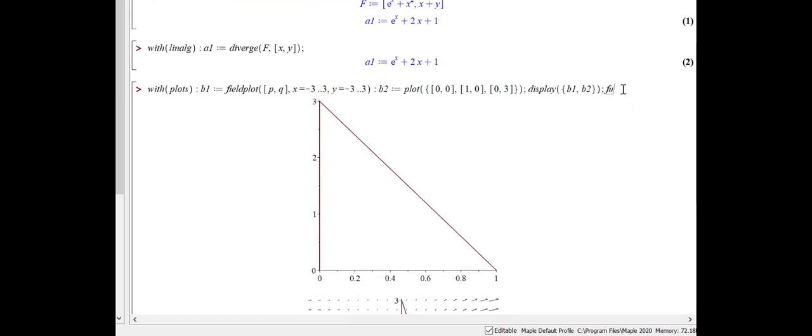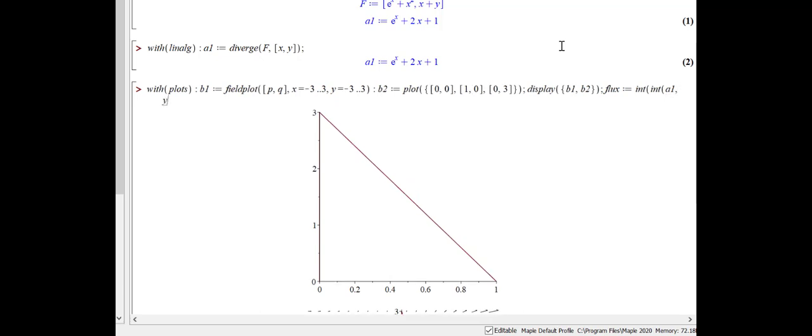So now we can even find the integral. So the flux is equal to the double integral of the divergence, which I use as A1, so A1 is the name of it, and y from 0 to minus 3x plus 3, and x changes from 0 to 1.